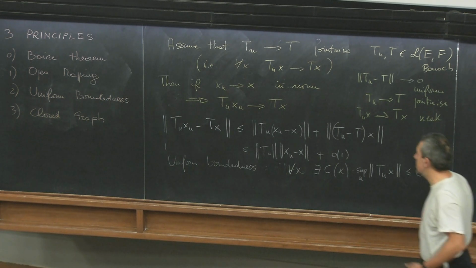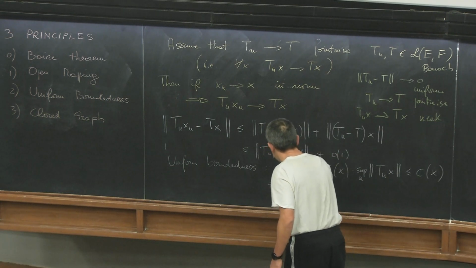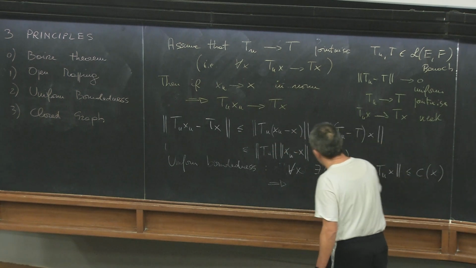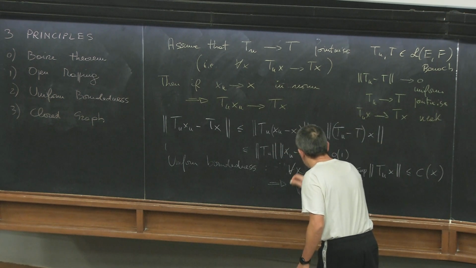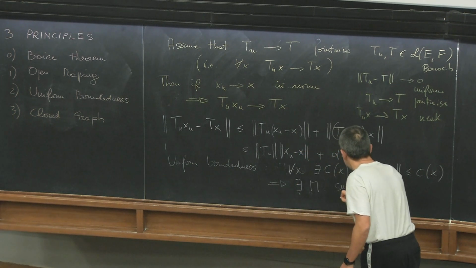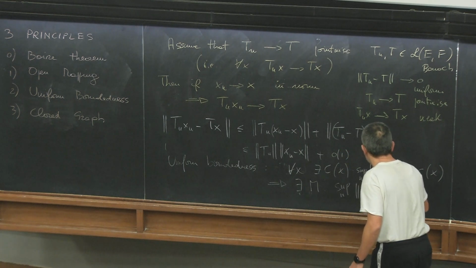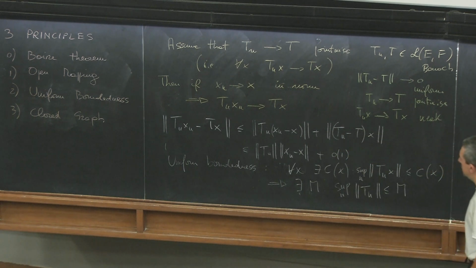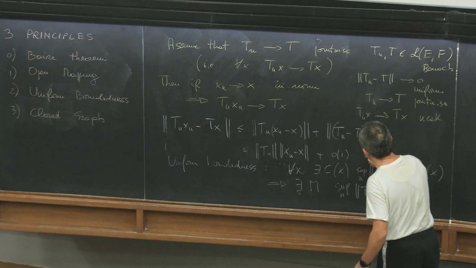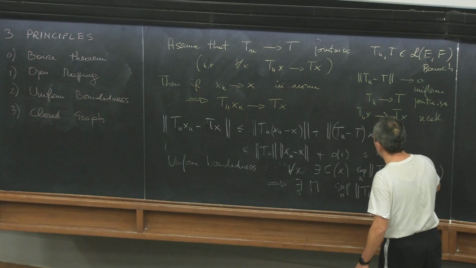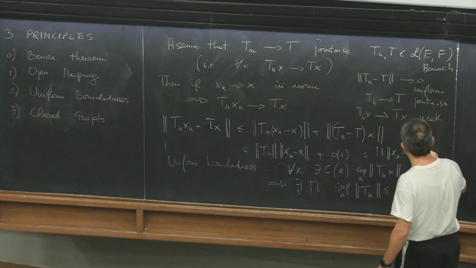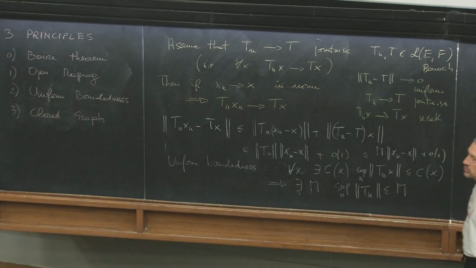So the uniform boundedness tells you that the sup of the norms of Tn is less or equal than some M. Now we conclude, because this is less or equal than M times the norm of xn minus x plus o(1). So this is a classical exercise, a classical question that you can face.